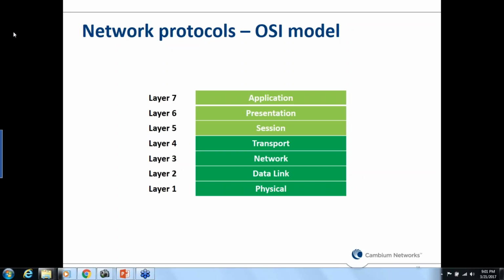So let's say we're receiving some data. First we receive those electrical impulses on the copper cable. That's layer 1, the physical indication of the data signal. Layer 2, we'll go into more detail about what specifically layer 2 is, but basically from layers 2 and 3, we figure out if it's addressed to us, and if we're the intended recipient. If we are, we pass it up to layer 4. Layer 4 intends to make sure that it is reliably delivered, so layer 4 says yes, this was delivered without any errors or missed data.